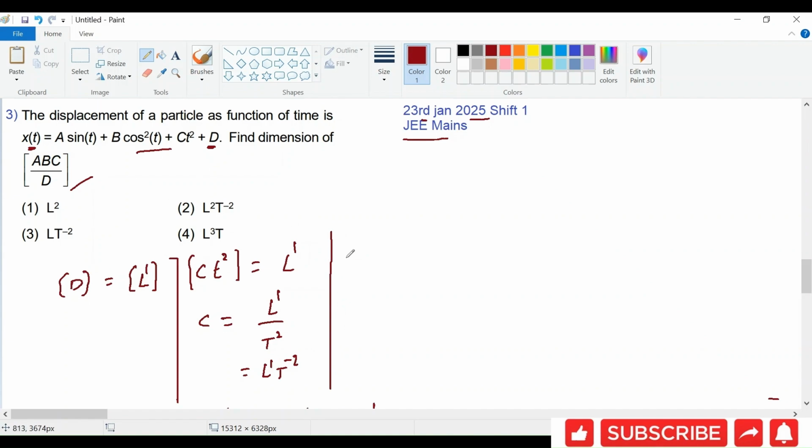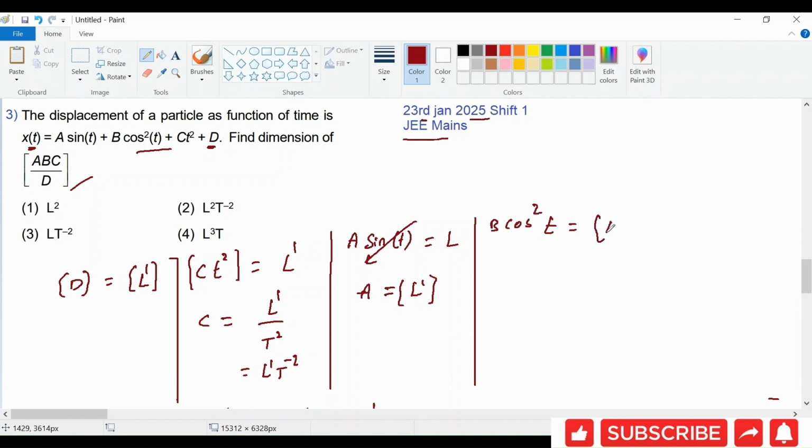Now A and B. A sin t: just now we have seen, under the sine it's a dimensionless quantity. So the dimensions of A are equal to dimensions of L. In the same way for B, B cos square of t is dimensionally equal to length L power 1, and cos is a dimensionless quantity. So B has L power 1 dimensions.